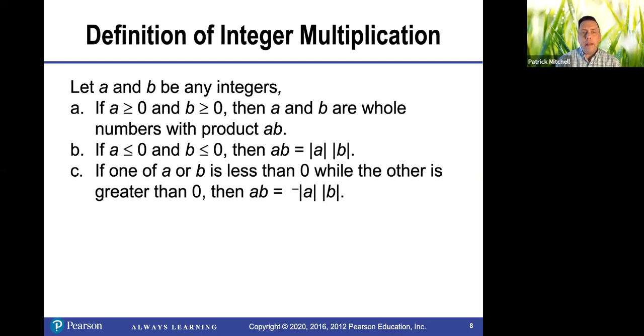And if one of A or B is less than 0 while the other is greater than 0, then A times B is the opposite of absolute value of A times absolute value of B. Okay, so for example, -3 times 2 is the opposite of 3 times 2.